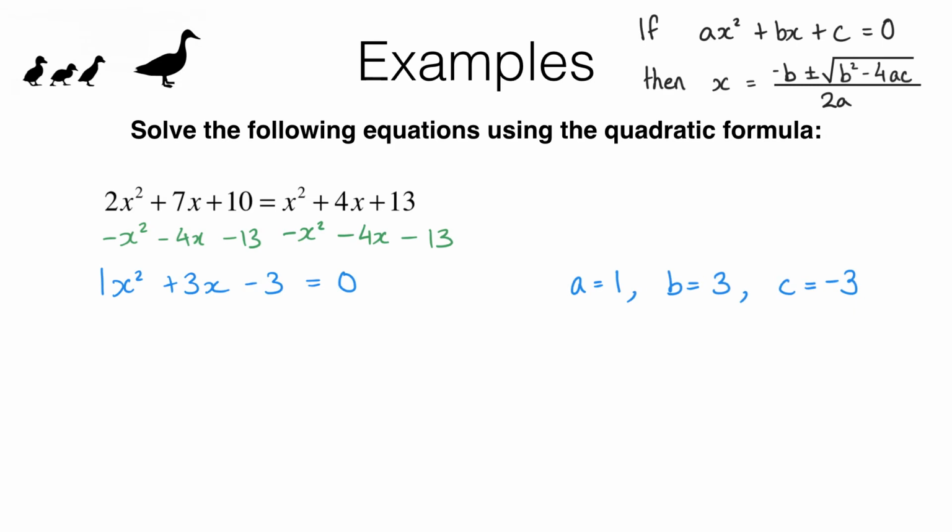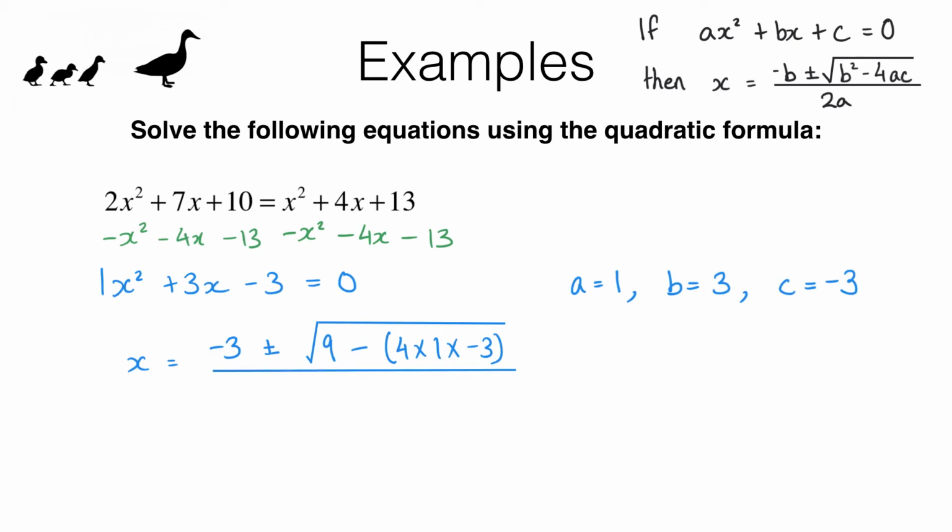Substituting a, b, and c into the quadratic formula, we get x equals negative b, so that's negative 3, plus or minus the square root of b squared, so that's 3 squared, which is 9, minus 4ac, so that's 4 times 1 times negative 3, all over 2a. A is 1, so 2a is just 2.